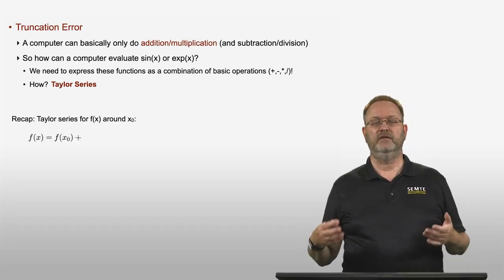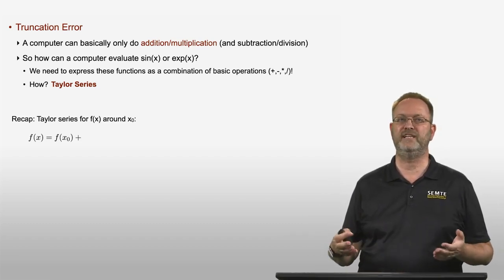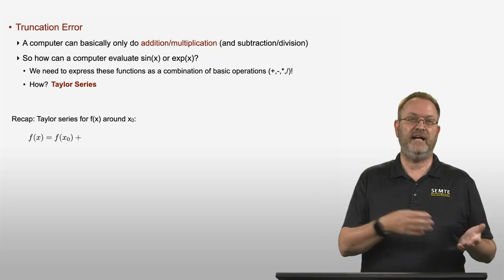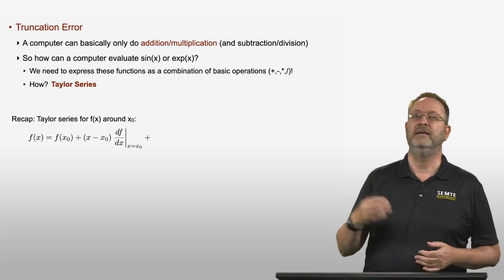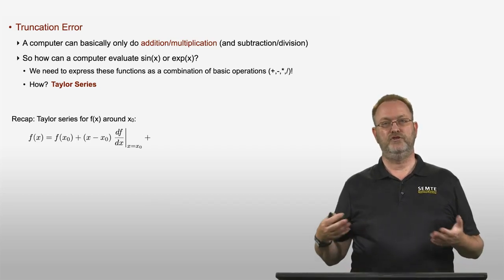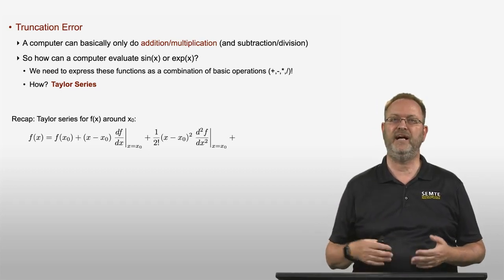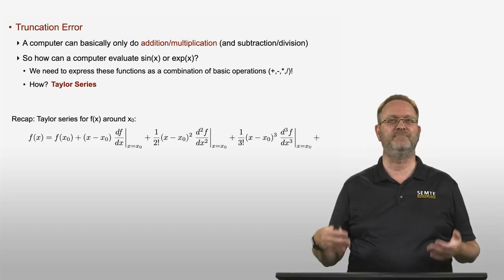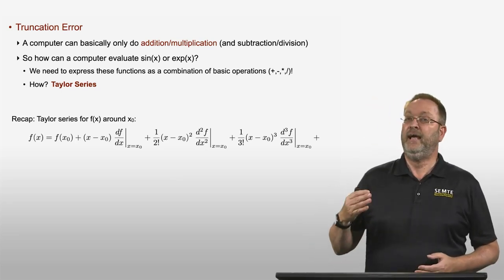If we want to calculate the function value at some arbitrary x, knowing only the function value and its derivatives at a different point x naught, we can calculate f of x by f evaluated at our point x naught, plus the distance x minus x naught times the first derivative of f evaluated at x naught, plus 1 over 2 times x minus x naught squared times the second derivative of f evaluated at x naught, plus 1 over 3 factorial times x minus x naught cubed times the third derivative of f evaluated at x naught, and so on and so on.